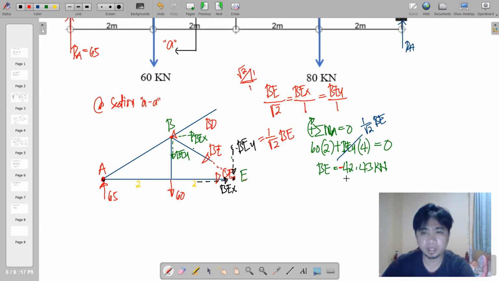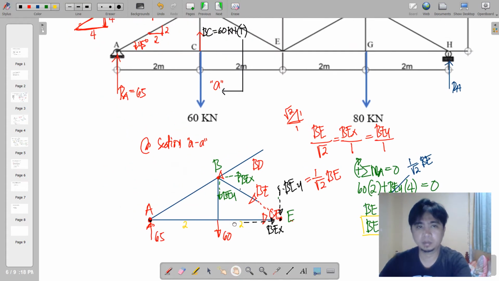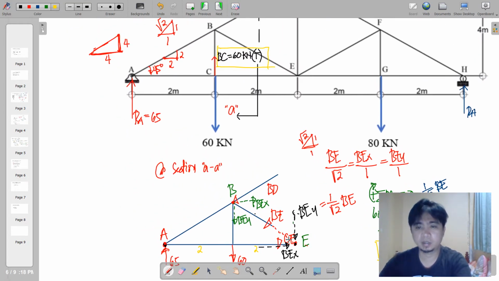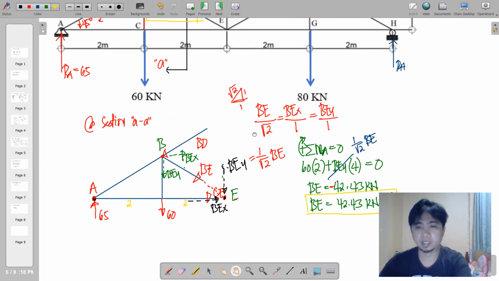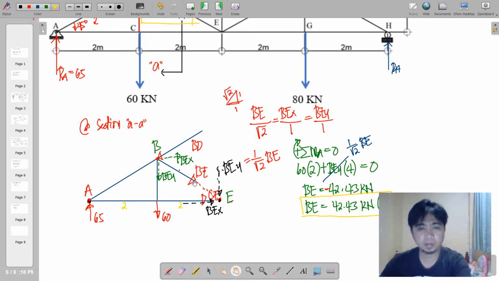Since we have a negative here, we can now correct that to BE equal to 42.43 kilonewton, and it must be in compression. So we have already obtained BE and BC in this truss. We still need to get the value for BD.